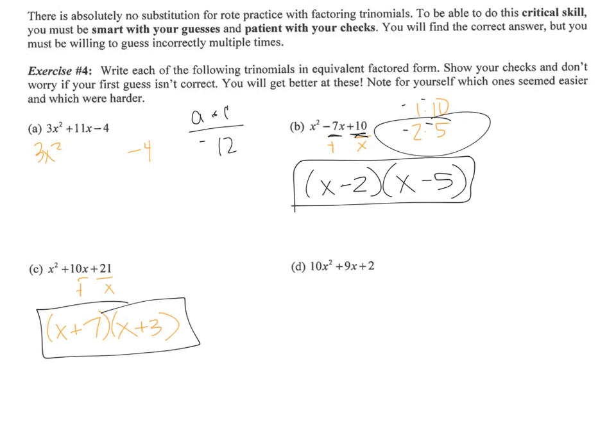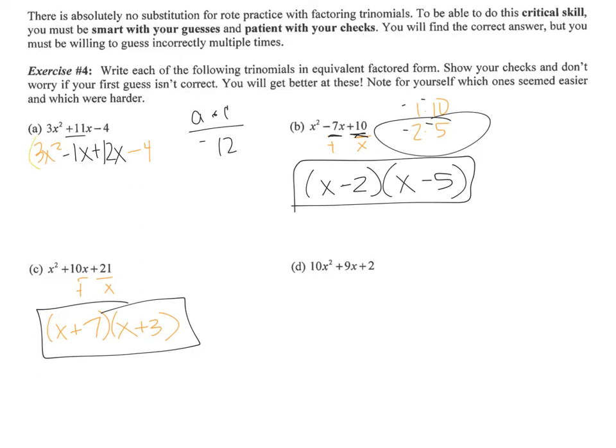Multiplies equal negative 12, adds to equal positive 11. So if it multiplies equal negative and adds to equal a positive, then one will be negative, one will be positive. So negative 1 and positive 12. Negative 1 times positive 12 is negative 12. Negative 1 plus 12 is positive 11.